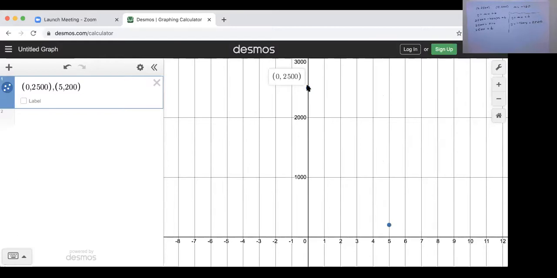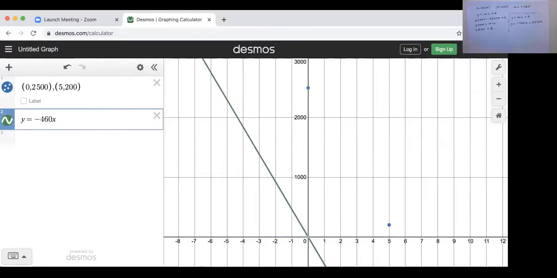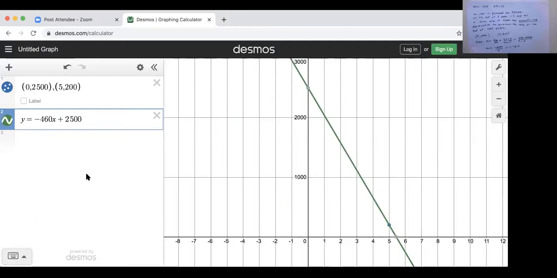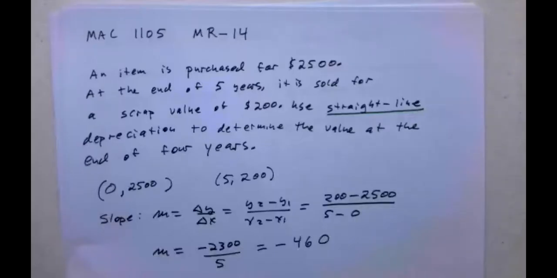So what can I say? I want to see what that equation is. We said it was y equals negative 460x plus 2,500. Let's make sure it goes through those 2 points, and it sure does. And then we're interested in what happens at what time. We wanted to know the value at the end of 4 years.